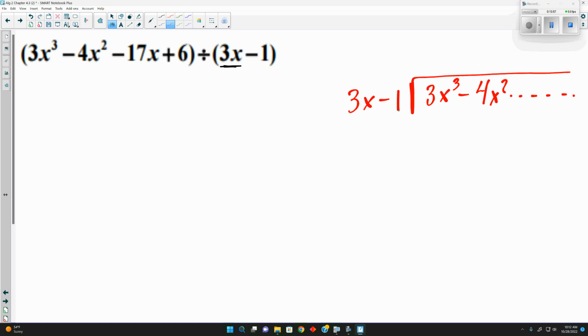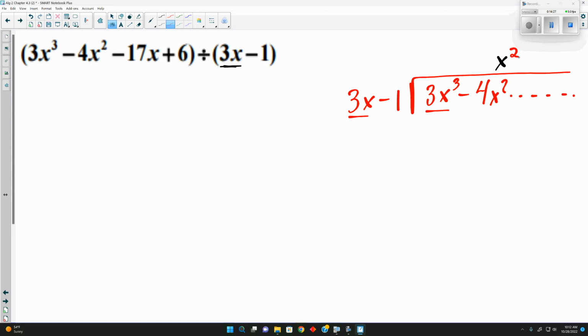When we did this with long division, our first thing was asking what times 3x gives us 3x to the third? Well, 3 times 1 would give us 3, yes? 1 times x will give us x cubed, x squared. So our first number, part of the solution, should be x squared. So with synthetic division, our first number should be 1. Because when we fill the variables back in, it's going to be 1, yes?